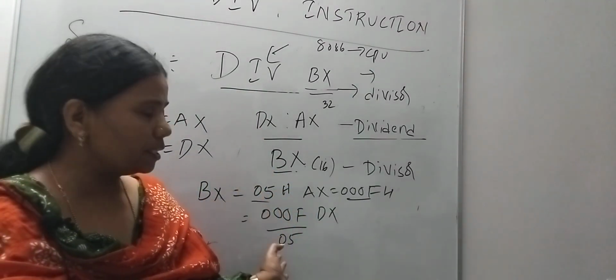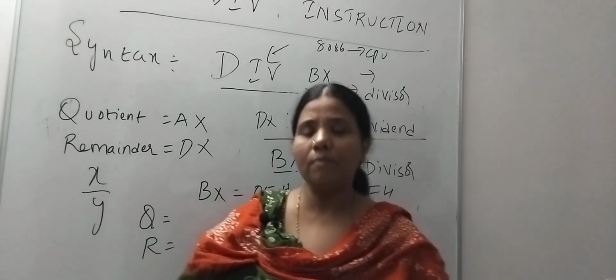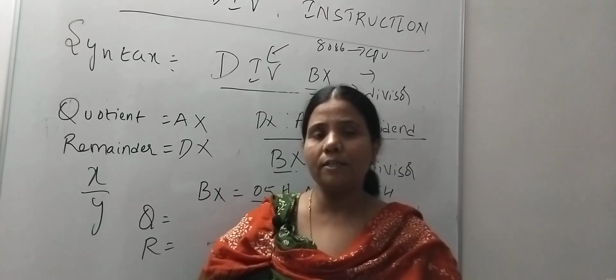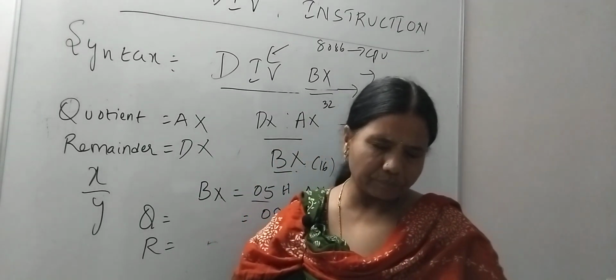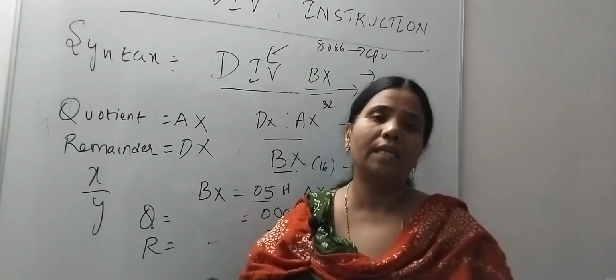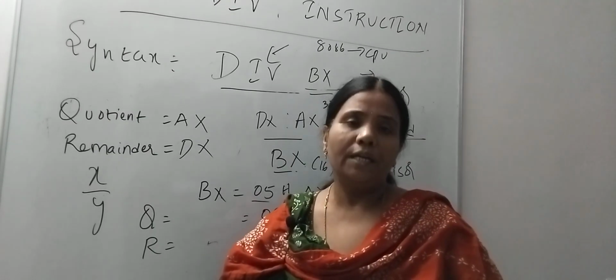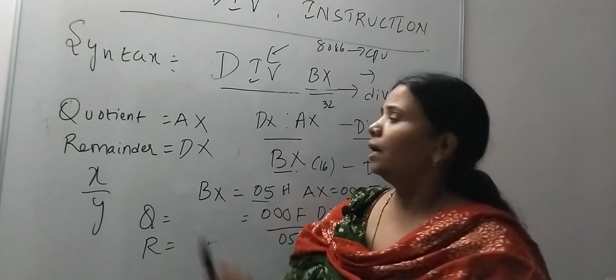Whatever you have verified theoretically, you can observe in a software tool like MASM or DOSBox, and check the results in the system. If it is an 8-bit divisor, you can see the quotient in AL and the remainder in AH. If it is a 16-bit divisor, the quotient will be in AX and the remainder in DX.